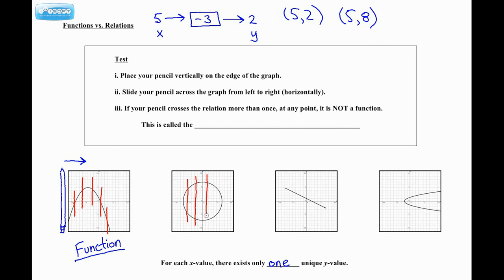In fact, it hits the circle twice everywhere, with the exception of the endpoints. Well, twice is more than once, so this is not a function. All of these are relations, but this is not special. So we would write: not a function.